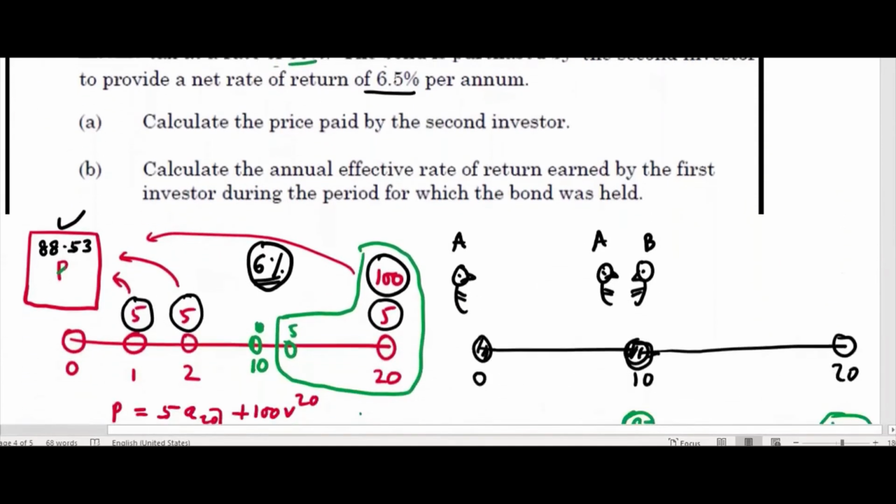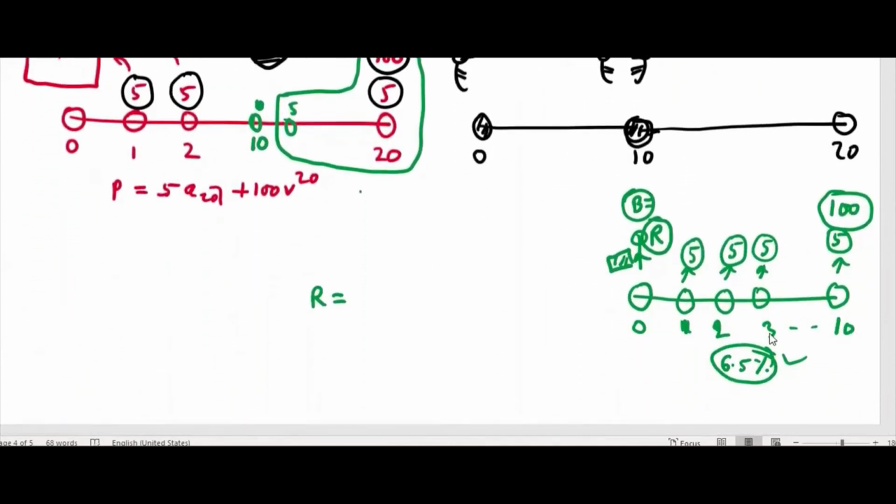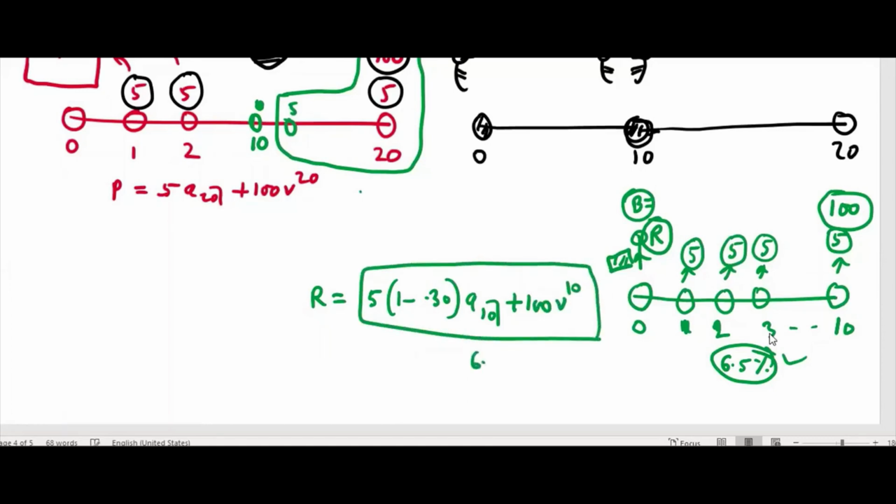So he can calculate his purchase price, which will be the selling price of A. This is the purchase price of B, R, which should be 5 into (1 minus 30%) income tax, for 10 years, plus 100 v^10. So B will calculate this at 6.5%, and whatever answer B gets, he will tell A.